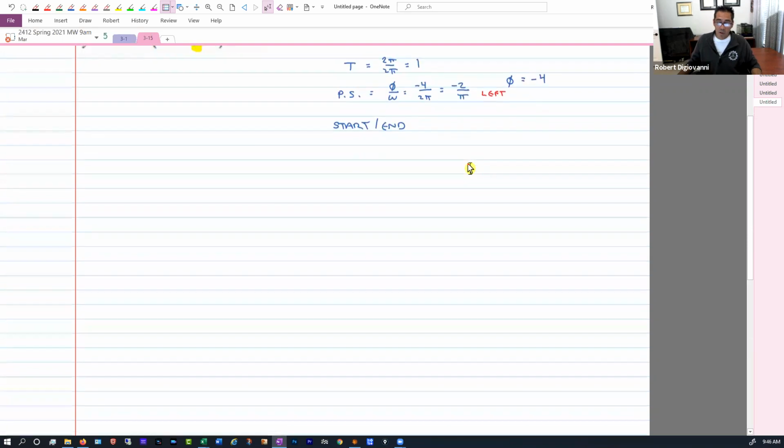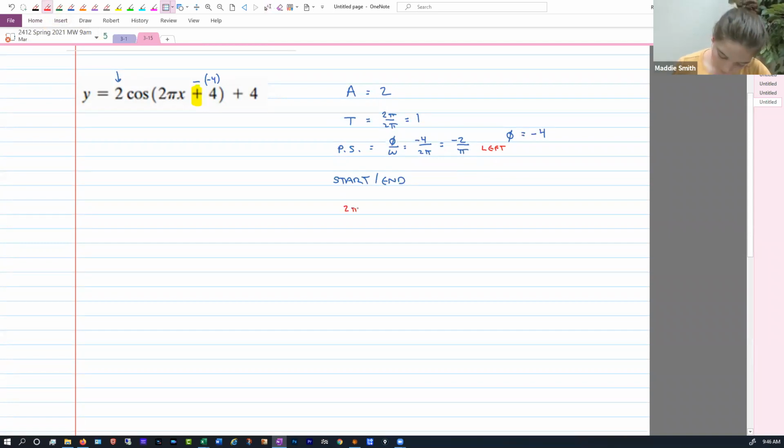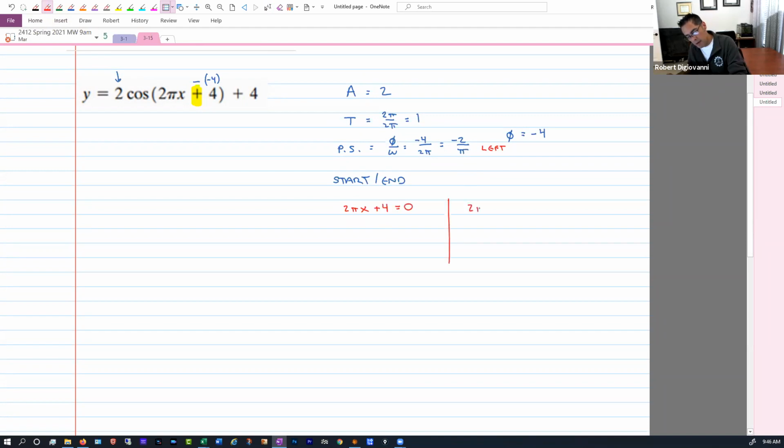Okay, so now this is the part where you have to figure out where you start and stop, right? To do this, you're going to set up 2 equations. We're going to go 2 pi x plus 4, set it equal to 0. And then the other one is 2 pi x plus 4 equals 2 pi. And again, we'll always use 0 and 2 pi when we're talking about sine or cosine.